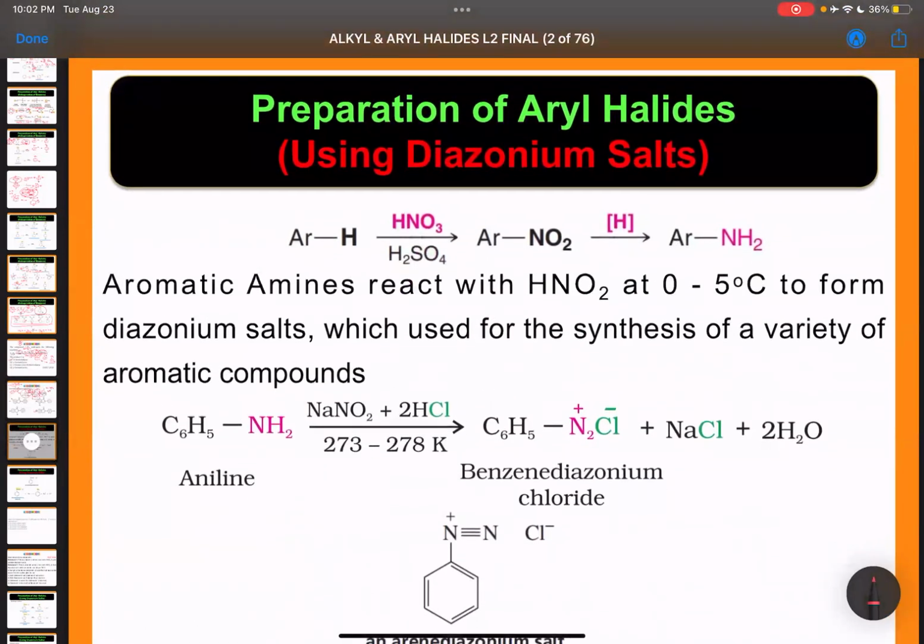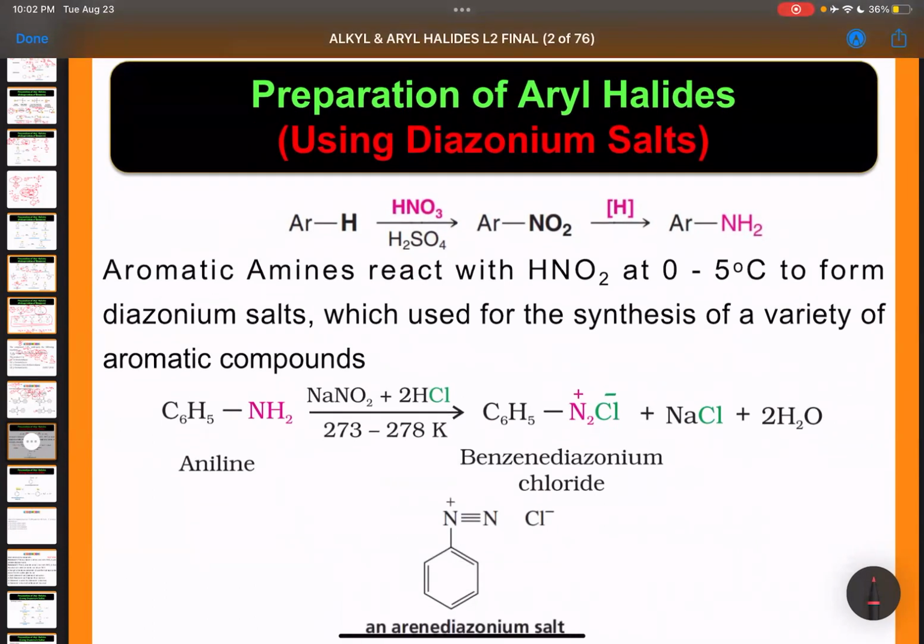So, Kulsum and Nabil, till now what we have seen is that on the benzene ring, if you need to attach a halogen, you can attach it directly. And how can you attach it directly? By taking Cl2 and a Lewis acid, not light.